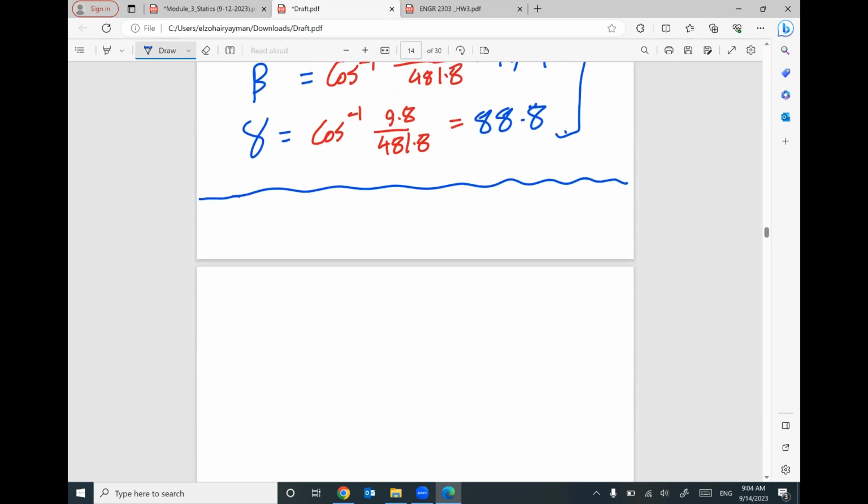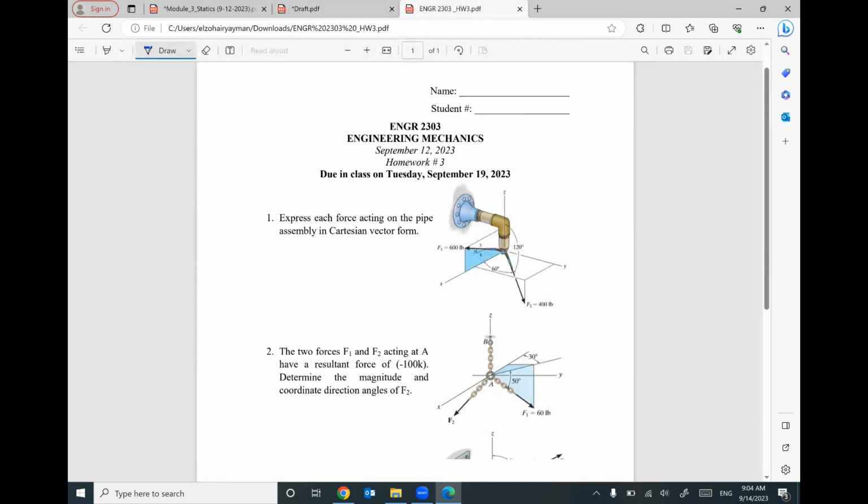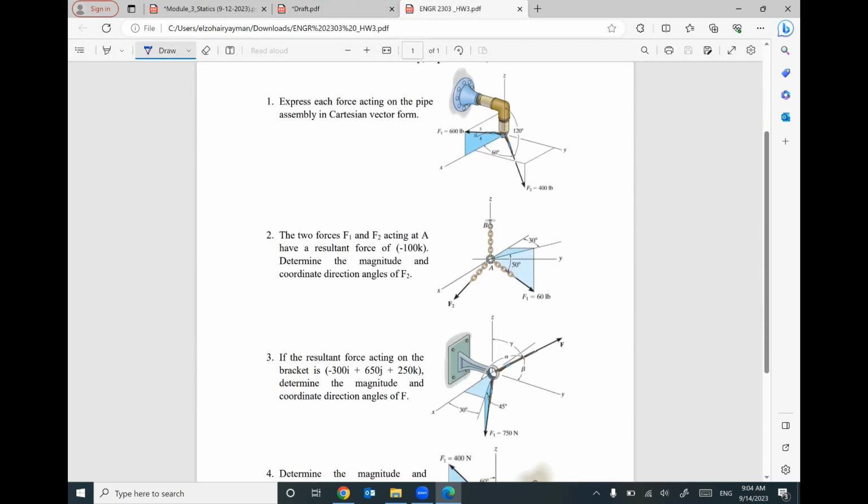Let's do one more example from the homework. I will grab one of the problems.